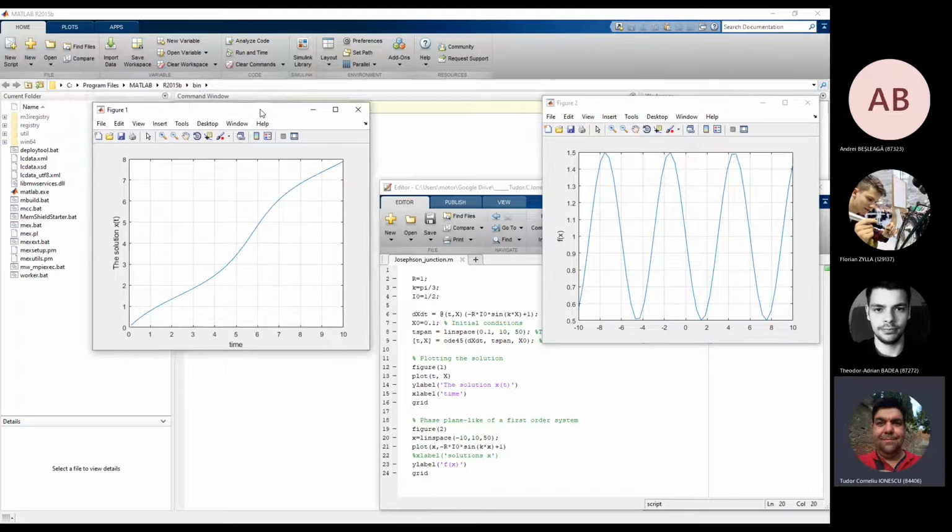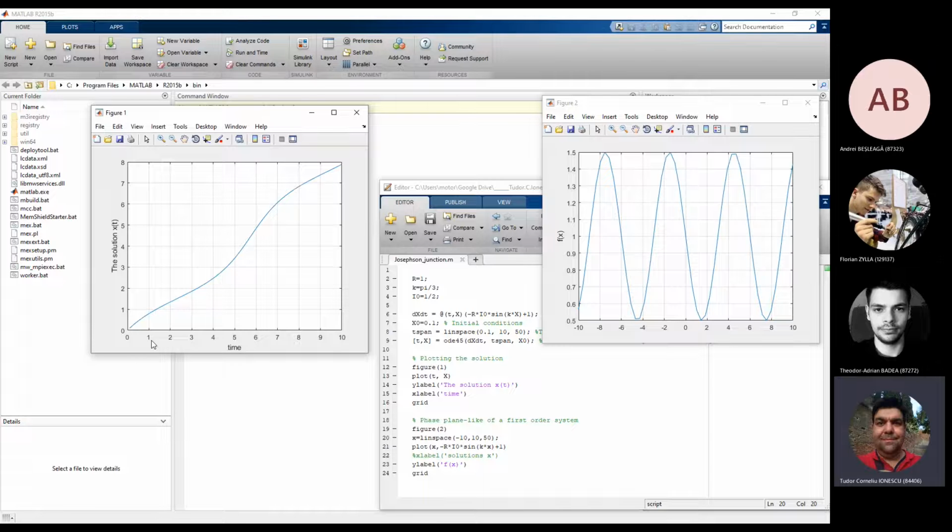If you look at the first graph, you realize that this solution is not going to an equilibrium point. Can you see that? There is no equilibrium here.